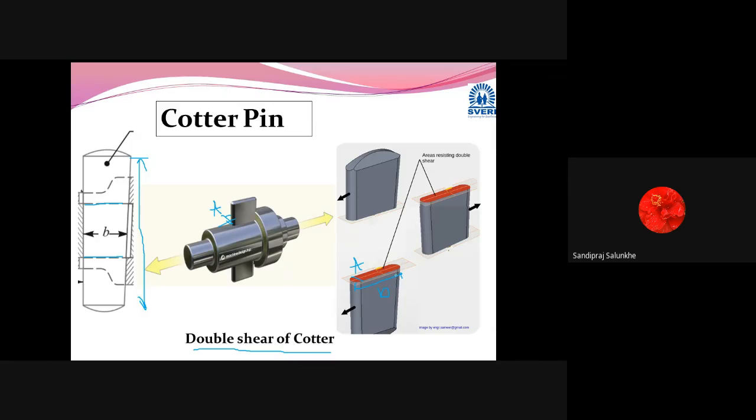So B multiplied by T will be the area, this red area, and we just double it. You can imagine that area in this section or in this section of the quarter. Here also this value will be T and this value will be B. So that area we have calculated.